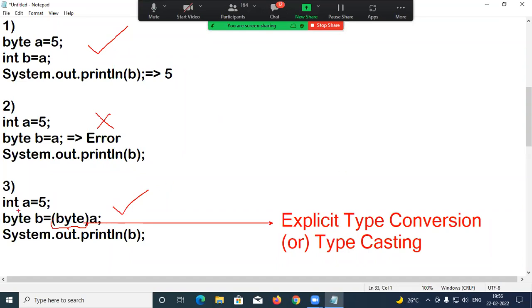So here int a equal to 5. A is an int type. This int myself I am converting into byte. It is then assigned. That's why valid. It comes under 23 conversion. That's why we have to convert explicitly.